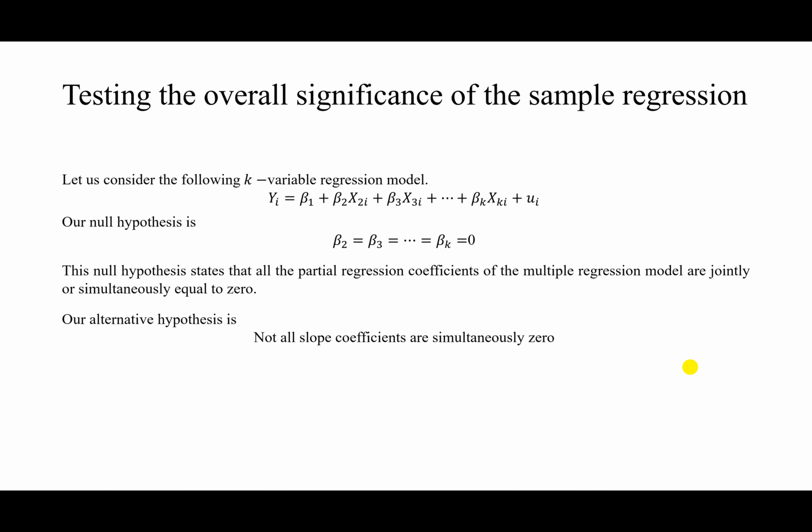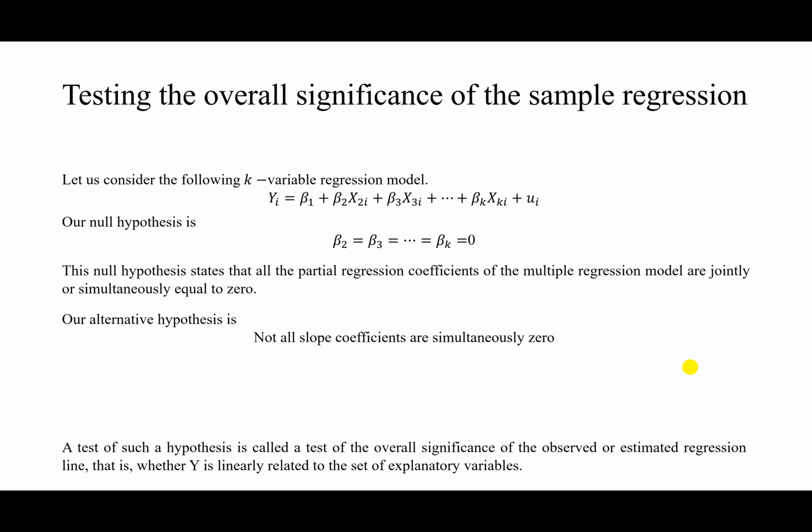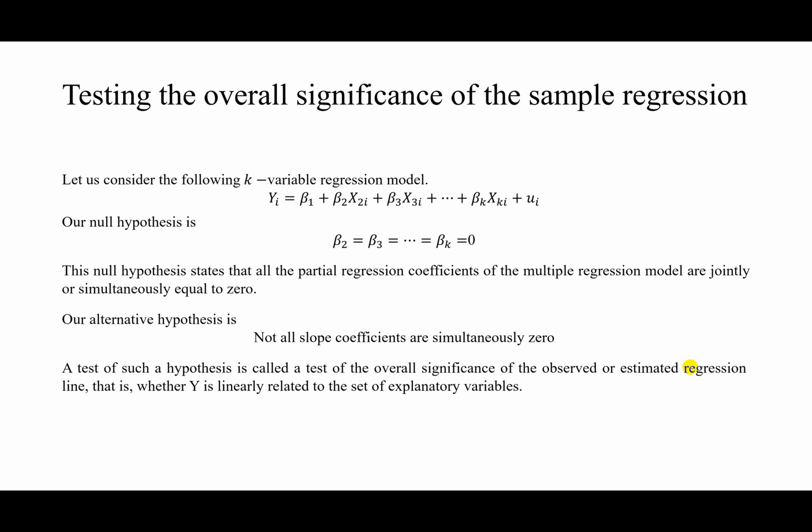Our alternative hypothesis is not all slope coefficients are simultaneously 0. A test of such a hypothesis is called a test of the overall significance of the observed or estimated regression line, that is, whether y is linearly related to the set of explanatory variables.